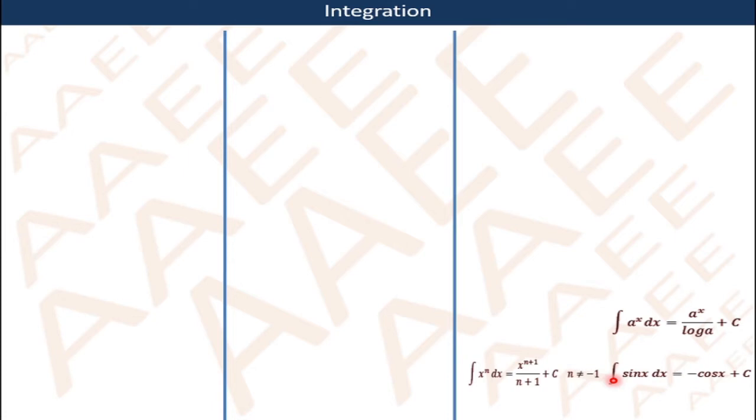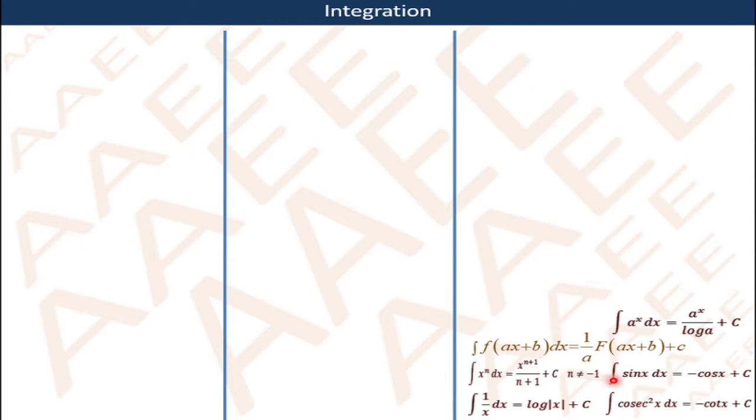Integration of sine of x dx is equal to minus cos of x plus c, constant of integration c. Integration 1 upon x dx is equal to log of mod of x plus c. And integration cosec square x dx is equal to minus cot of x plus c. And one more identity we are going to use, that is integration f of ax plus b dx is equal to 1 upon a F of ax plus b, plus constant of integration c.